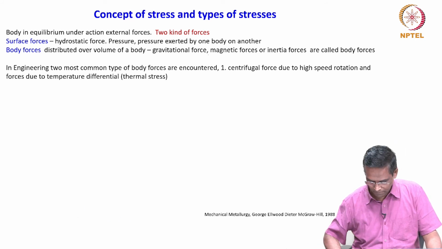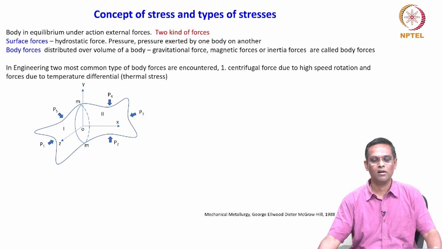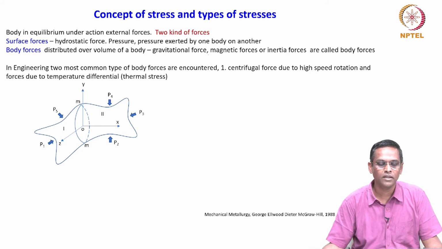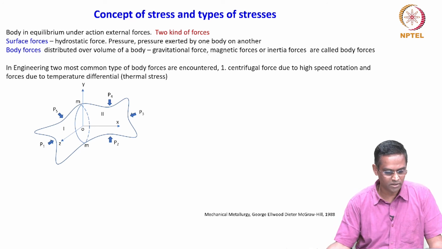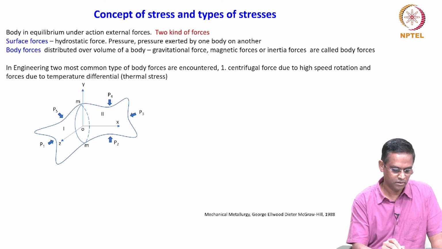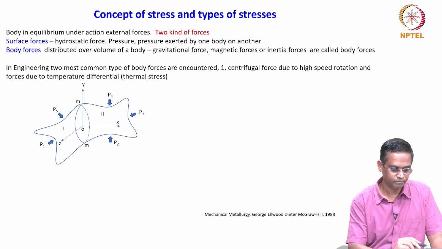Now we will see how to look at the concept of stress at a point, as per the strength of material concepts. Look at this diagram, which is a body assumed to be in equilibrium, subjected to external pressures P1, P2, P3, P4, P5.